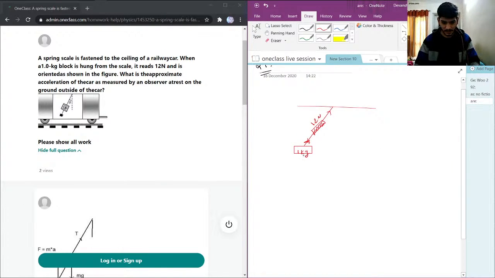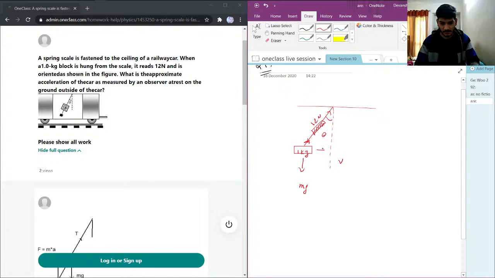Now I'll take two components. This is my vertical. Let's say this is the angle theta. Now for this I'm going to have two components. One will be in the vertical direction for this mass, and for tension we are going to have two components.